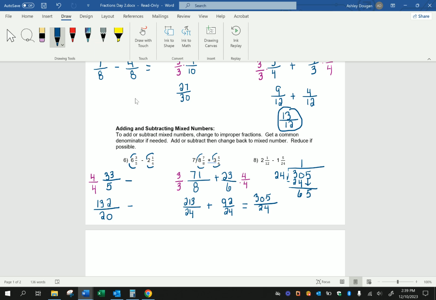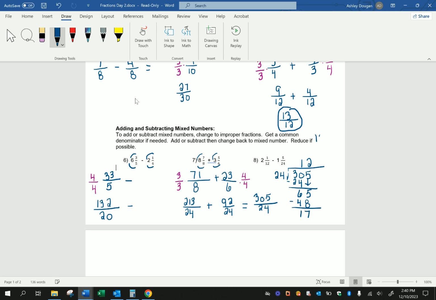And then I repeat that process. I say, well, 24 will go into 65 2 times. And then I'm going to multiply those values together. 24 times 2 is 48. And then I need to subtract. 65 minus 48 is 17.